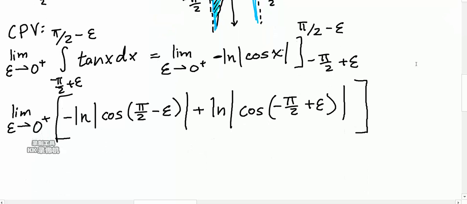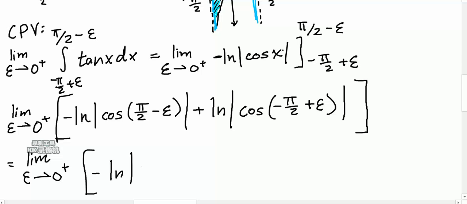Now here is the best part for this question. Let me just write down this limit as epsilon approaches 0 plus, and keep the first one the same: negative ln absolute value cosine of pi over 2 minus epsilon.